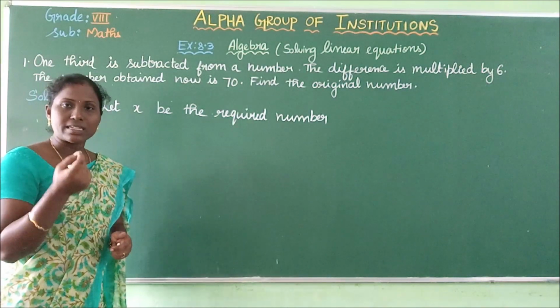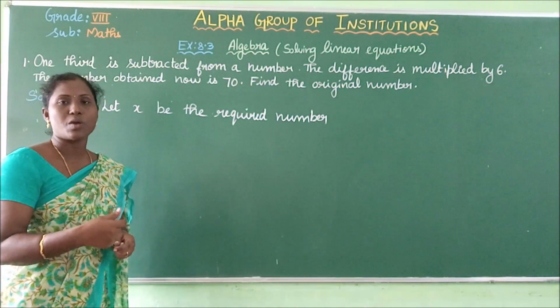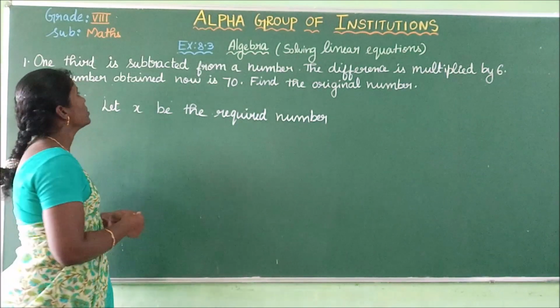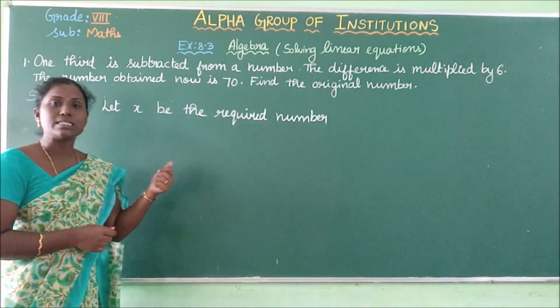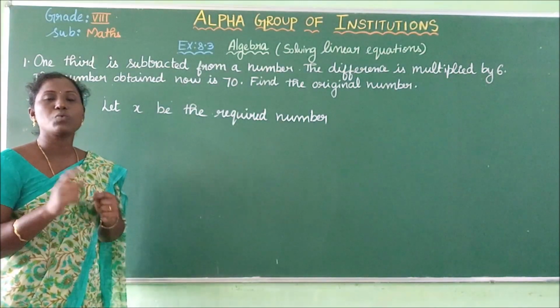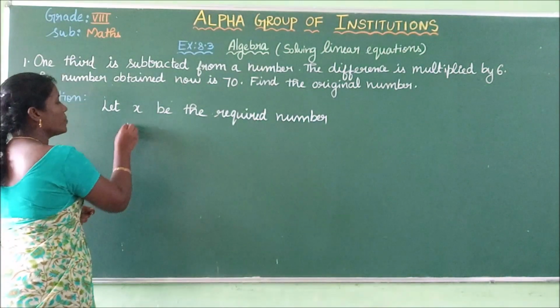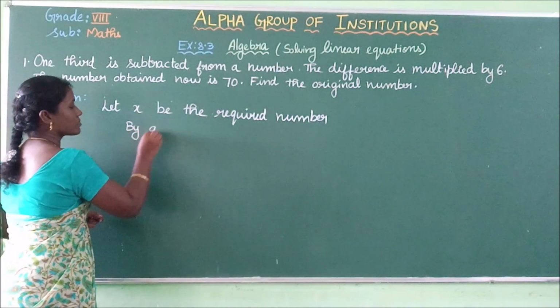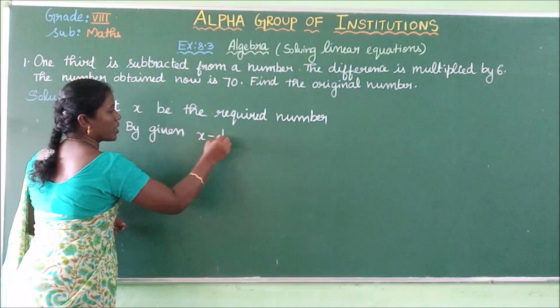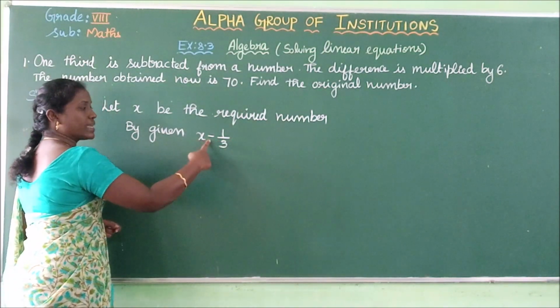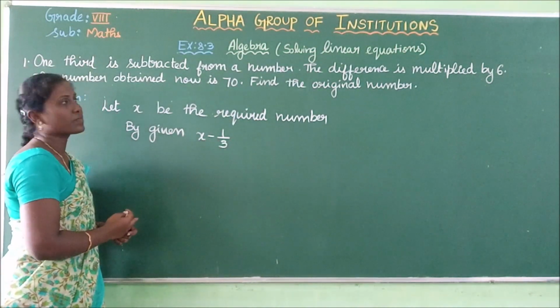You have to read the clue word clearly and frame the equation. 1/3 is subtracted from a number, so from this number, 1/3 is subtracted, which means x minus 1/3. From the number we are subtracting 1/3.